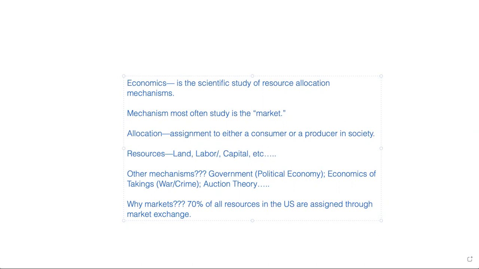So closely related to the differences in quality is what we call human capital, which is a resource, and that's the knowledge, skills, and abilities of the workers. Right now, most economists would say that because you're in college, you're investing in your human capital. You're developing skills and abilities that are going to make you more productive in your jobs in the future.